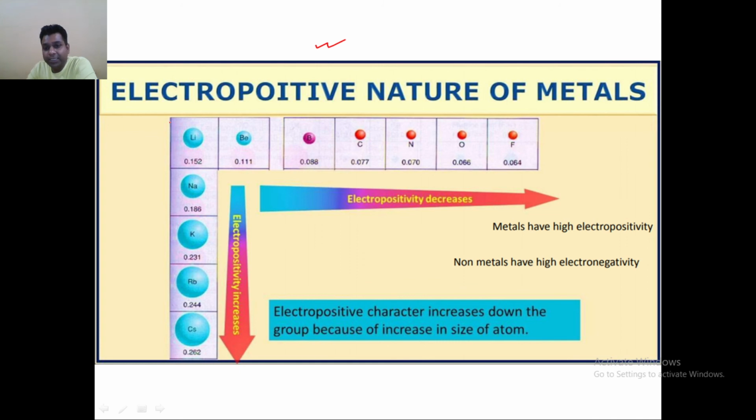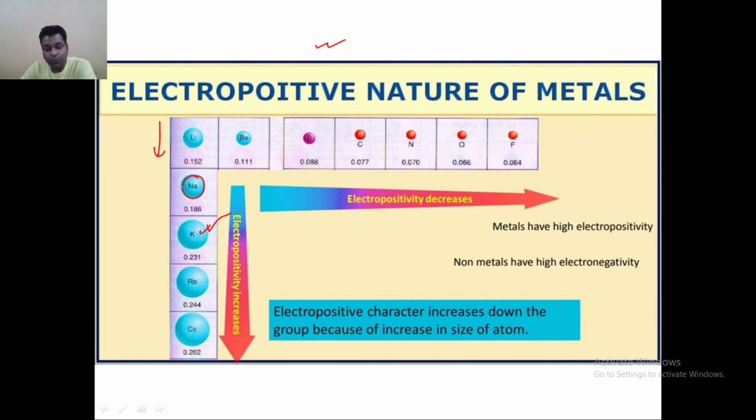That's why the nucleus will not release the electron very easily. So when you go from left to right in the periodic table, the size decreases and hence electropositivity decreases. But in contrast, if you go from top to bottom, then electropositivity increases. It means that potassium is more electropositive than sodium.